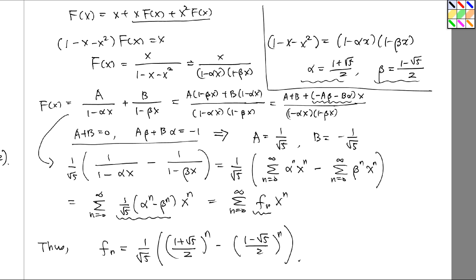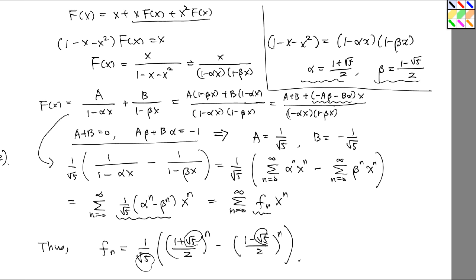So this is a formula for f of n. It looks a bit strange because it contains irrational numbers like this one and this one, but if you compute this for any natural number n, you will end up getting a natural number, which is the Fibonacci number.